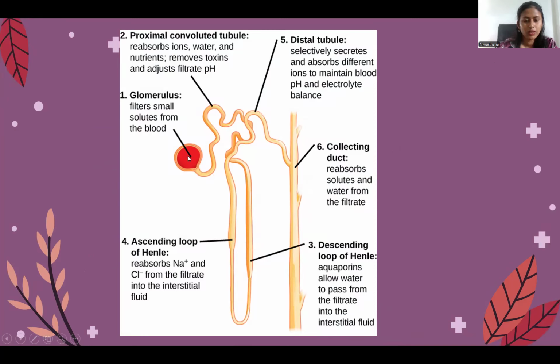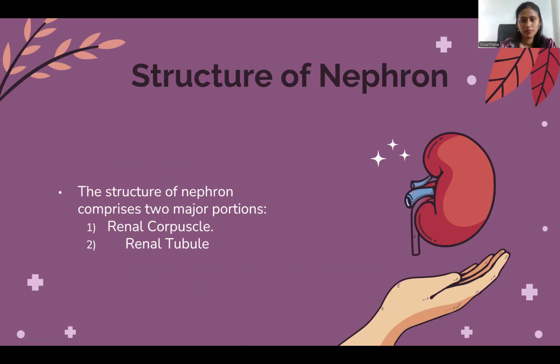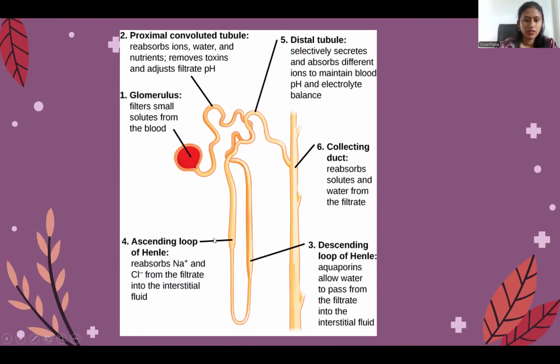So this is the glomerulus, surrounding it is the Bowman capsule, and the two structures we call the renal corpuscle. The structure of the nephron comprises two major portions: the renal corpuscle and the renal tubule. The whole unit is the nephron.